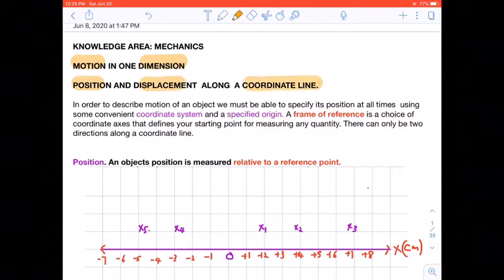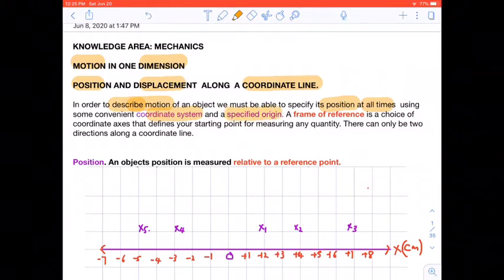Now, in order to describe motion of an object, we must be able to specify its position at all times using some convenient coordinate system and a specified origin.